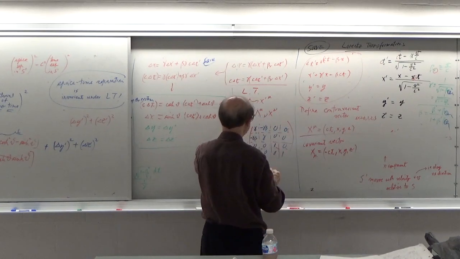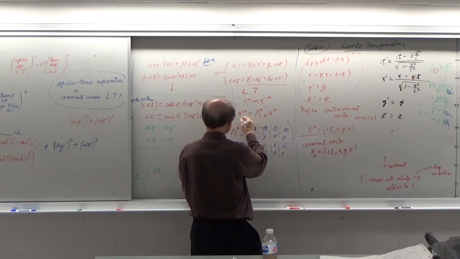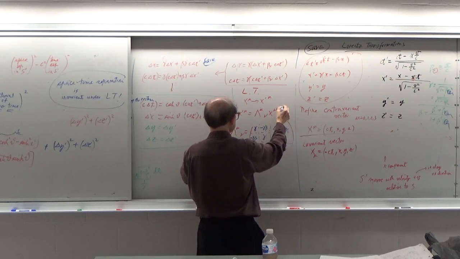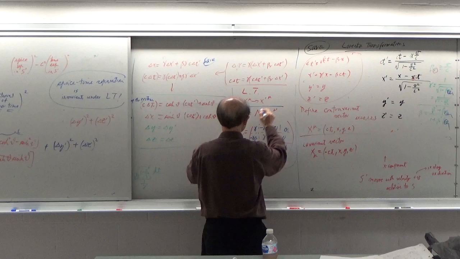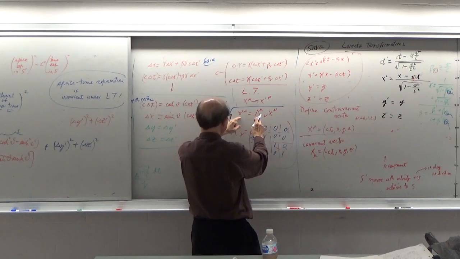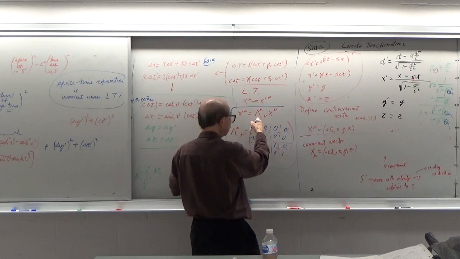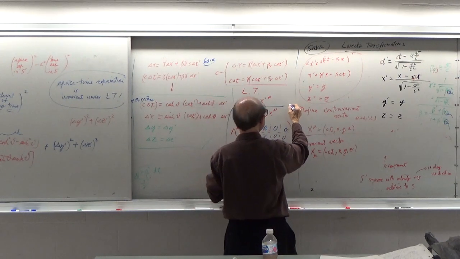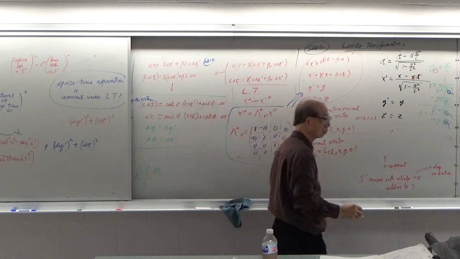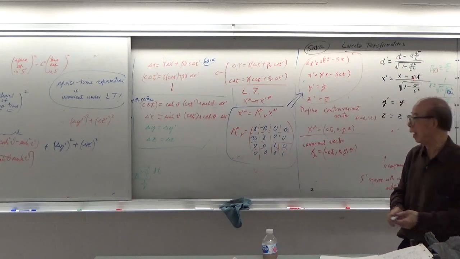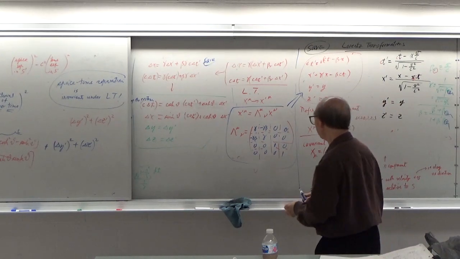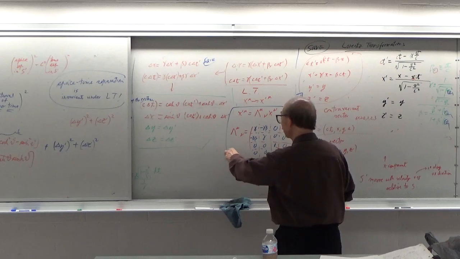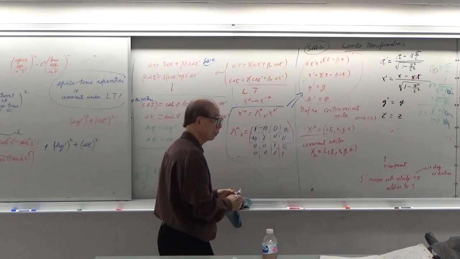Okay, you can check that this Lorentz transformation matrix will produce this result. And you remember that we also introduced the cosh and sinh.